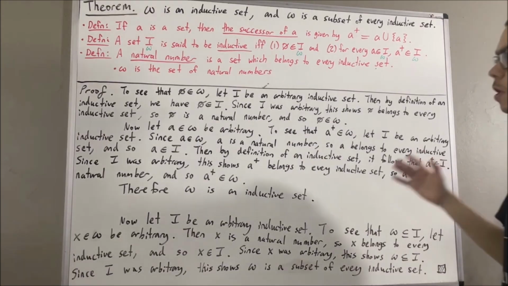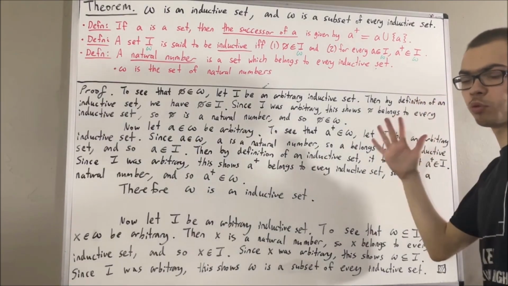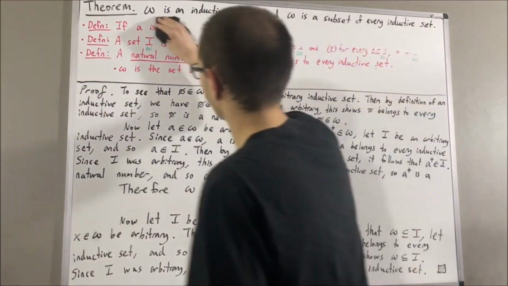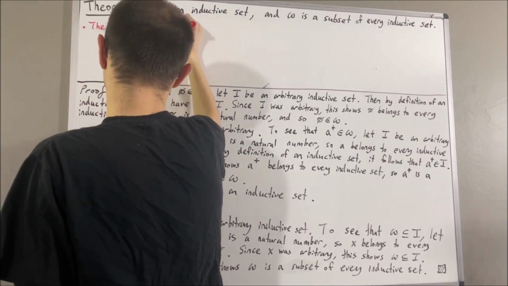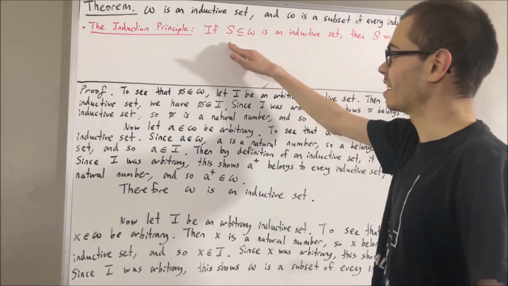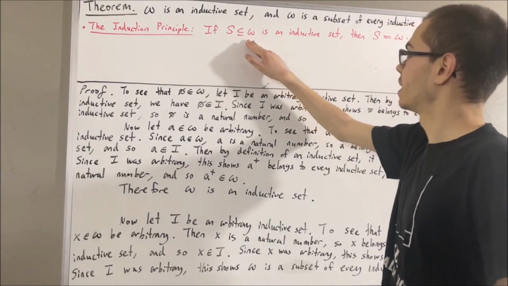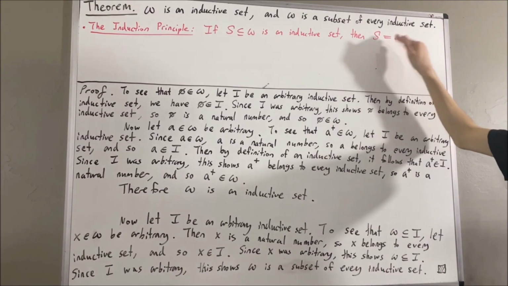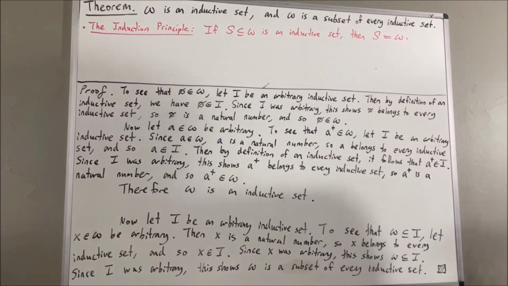Now, a result that follows is the principle of induction, which says the following. If S is a subset of the natural numbers, and S is an inductive set, then S is equal to the set of natural numbers.